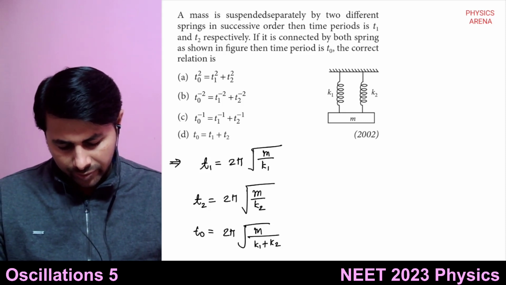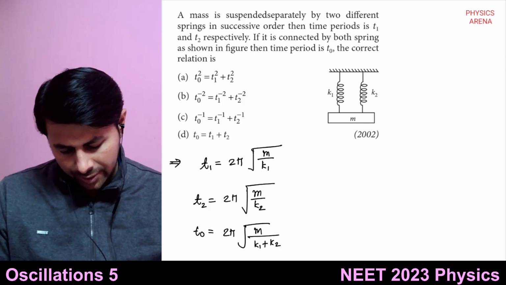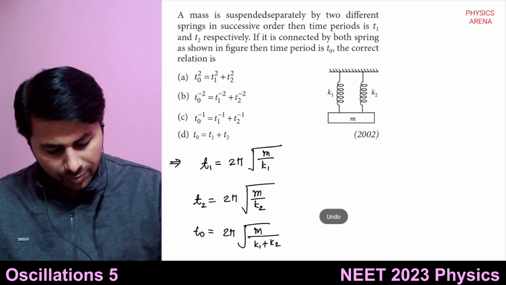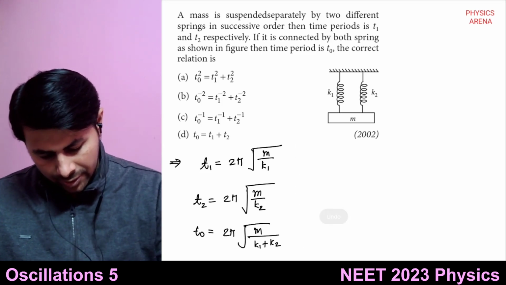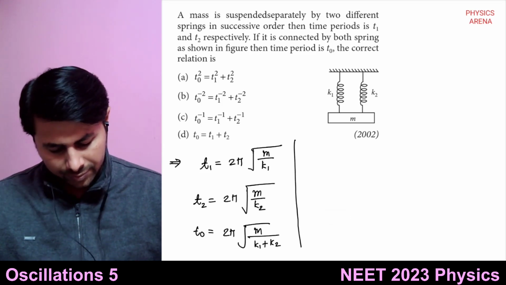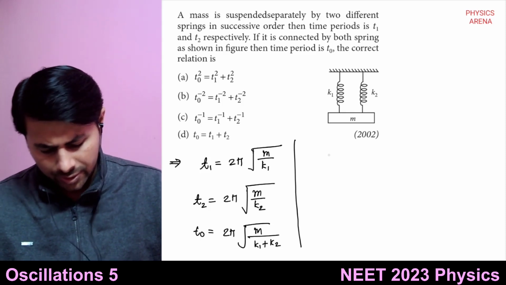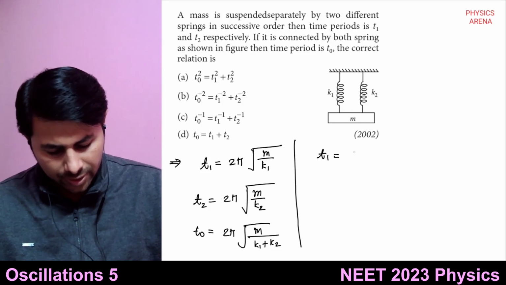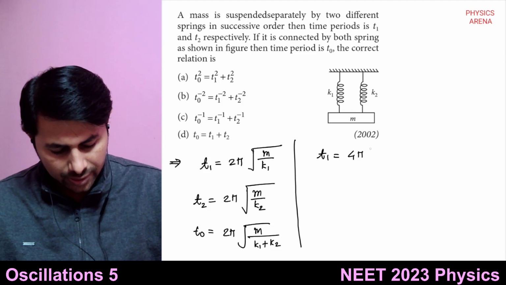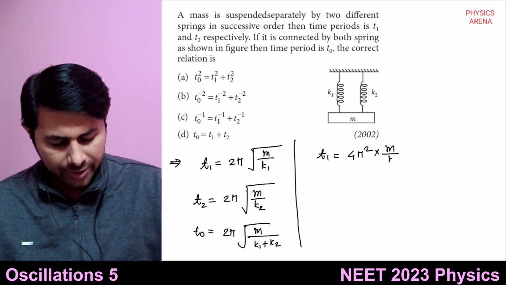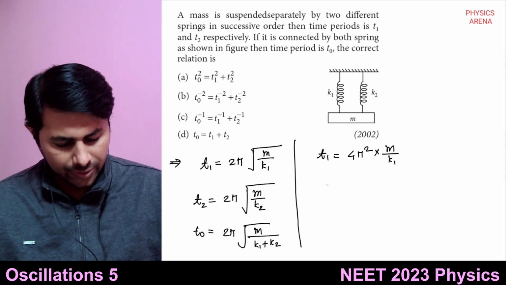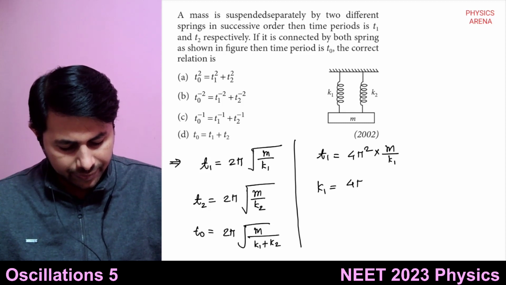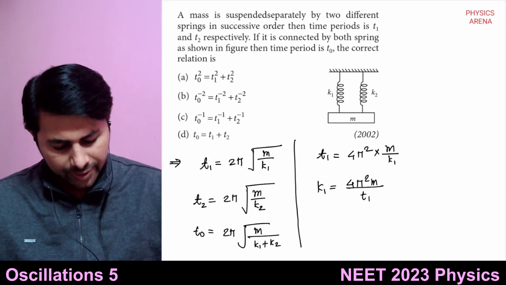So then what we can do is square these. T1 equals 4 pi square multiplied by m upon K1, or K1 equals 4 pi square m divided by T1 square.